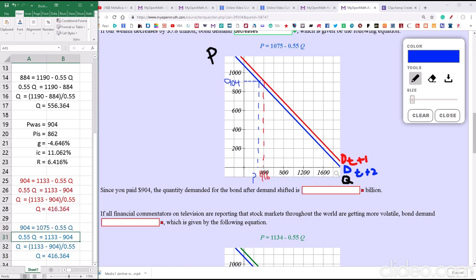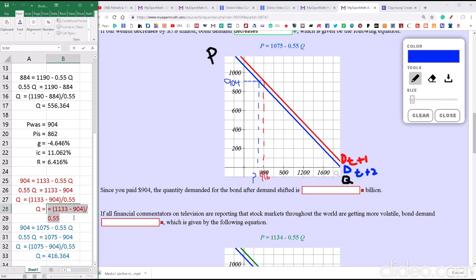1075. And then down here. Oh. Huh, that's weird.